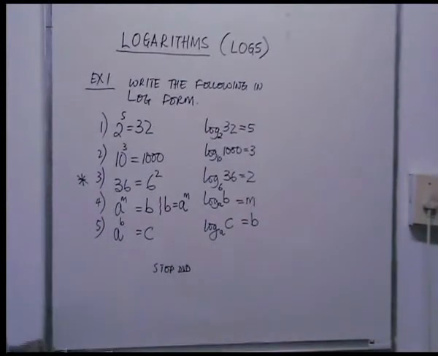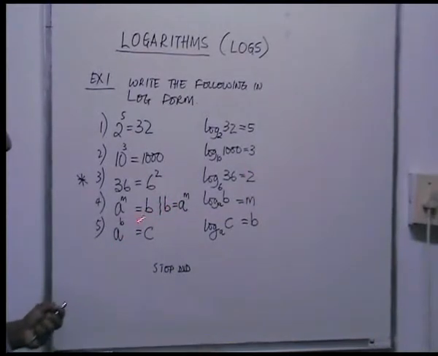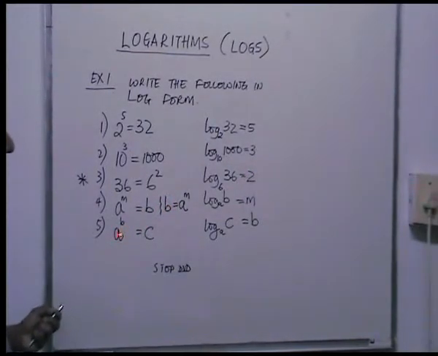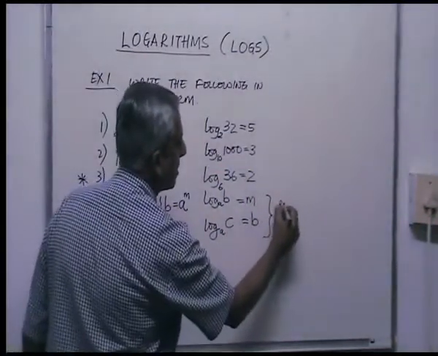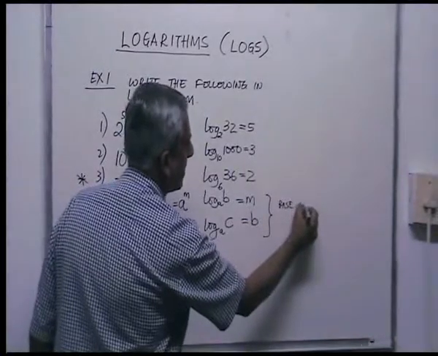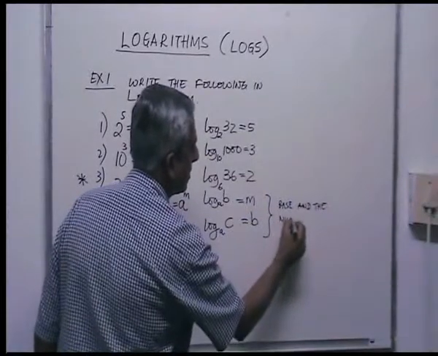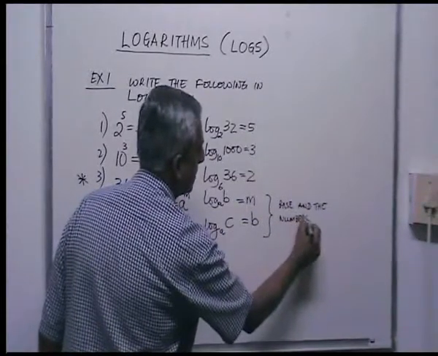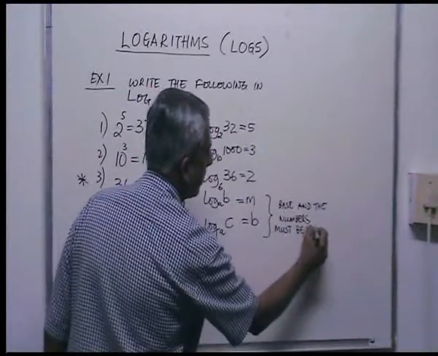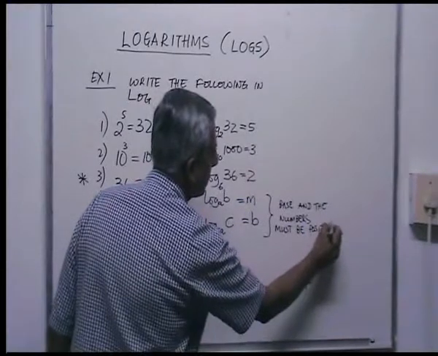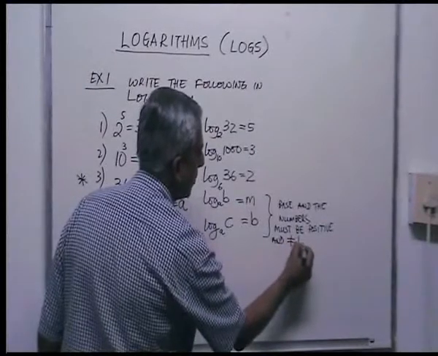Now, note carefully that we have used letters in these questions over here. We have letters or variables. So you must remember that in logs, the base and the numbers must be positive and not equal to 1.